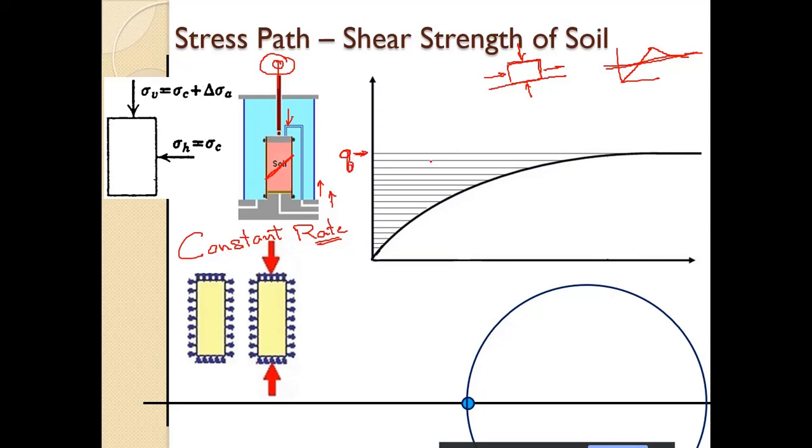This is the Q, the ultimate or maximum deviatoric stress which the soil can take. We go on shearing the sample, but Q does not increase. The sample is shearing, so strain is increasing, but the soil cannot take any more load.